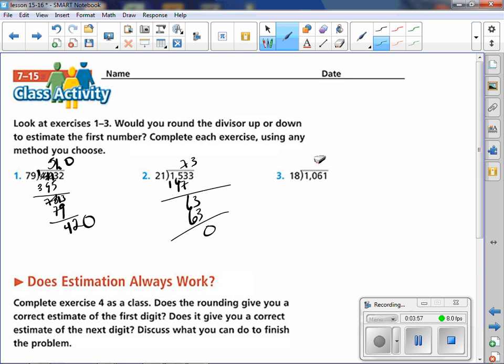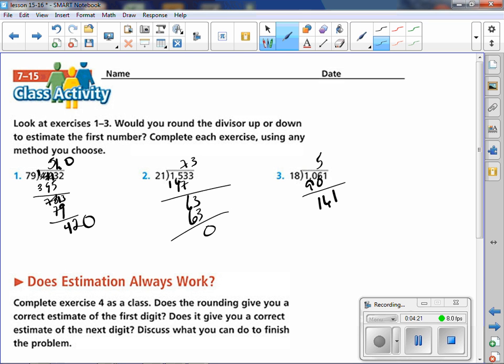Welcome back. Hopefully you found that 18 is close to 20. 18 goes into 105 5 times. 18 times 5 is 90. Subtract out: 106 minus 90 is 16.